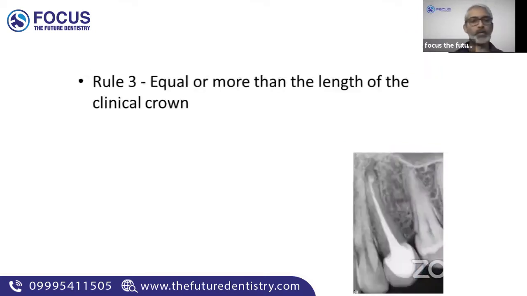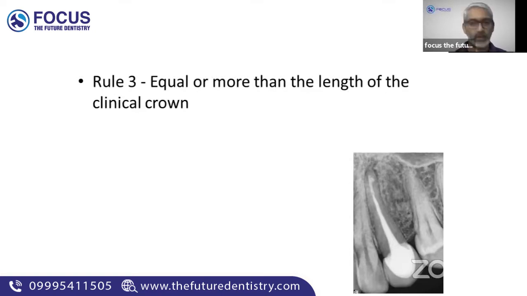Rule number three is that whatever clinical crown you have, for example, you have to restore a particular length of clinical crown. It might be a long crown like your central incisor, or it might be a very small lateral incisor. Whatever be that, consider the length of the clinical crown, and your post should be more than that, either equal or more.